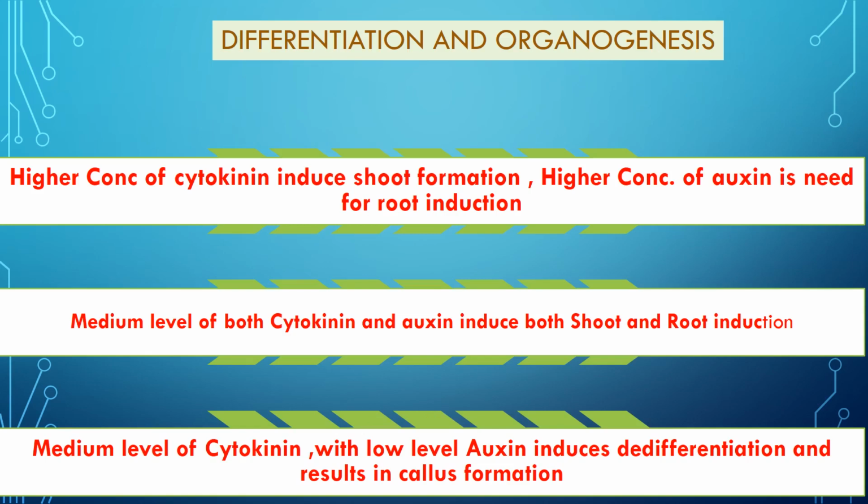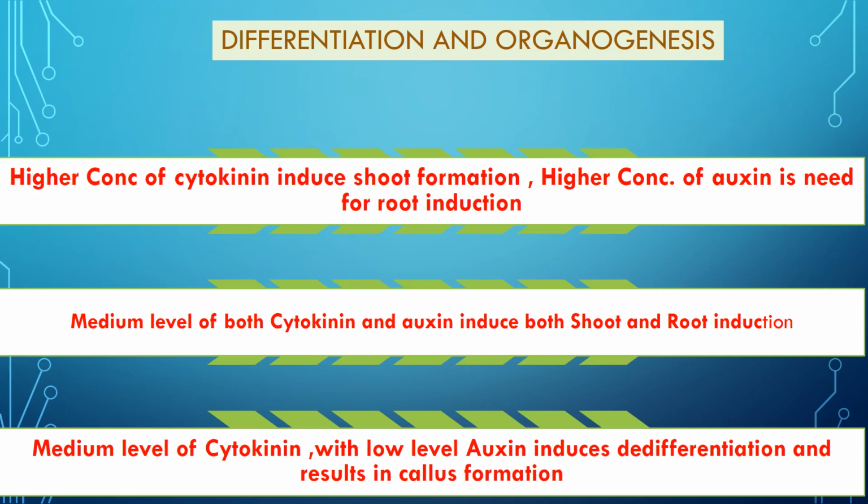After several subculturings of the callus into the media, the cells have to be differentiated and the organs have to develop. For that, the growth regulators have to be added in different concentrations. A higher concentration of cytokinin induces shoot formation from callus, while a higher concentration of auxin is needed for root induction.